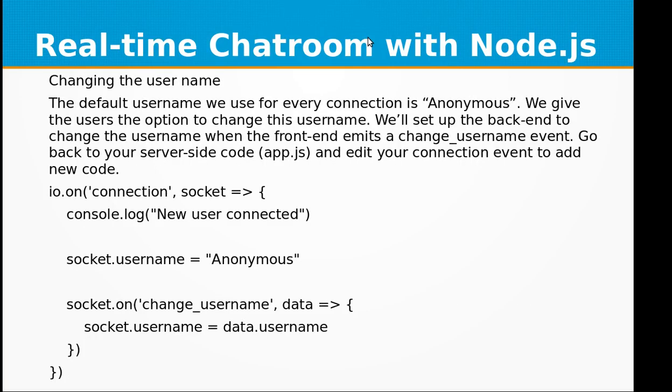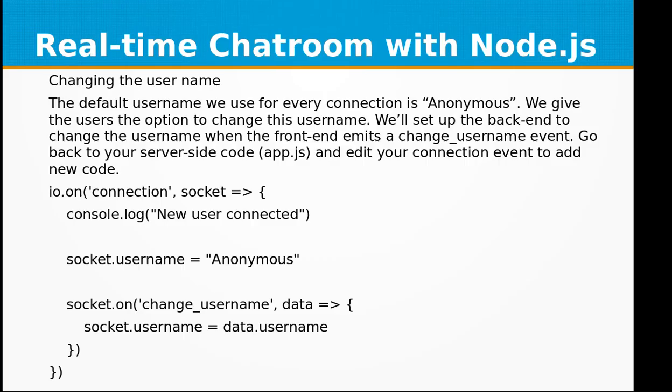Okay, changing the username. The default username we use for every connection is anonymous. We give the users the option to change their username. We will be setting up the backend to change the username when the front end emits a change_username event. Go back to your server code, that is app.js, and edit your connection event to add new code.